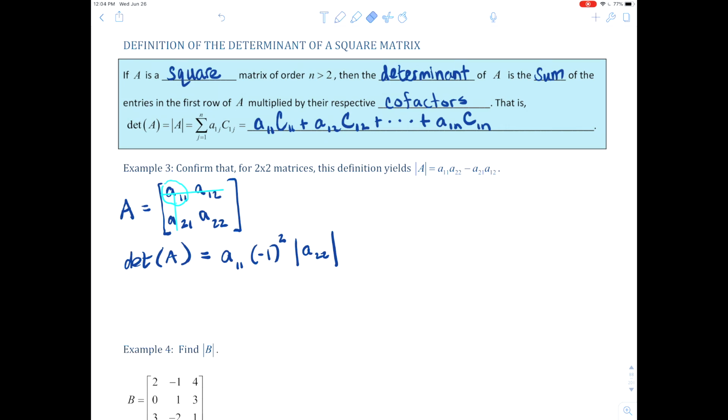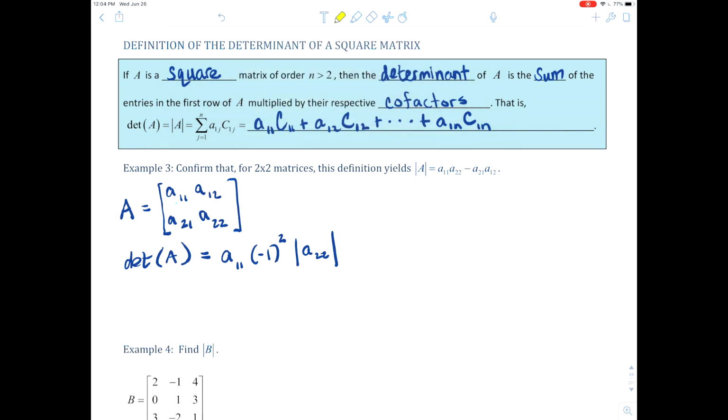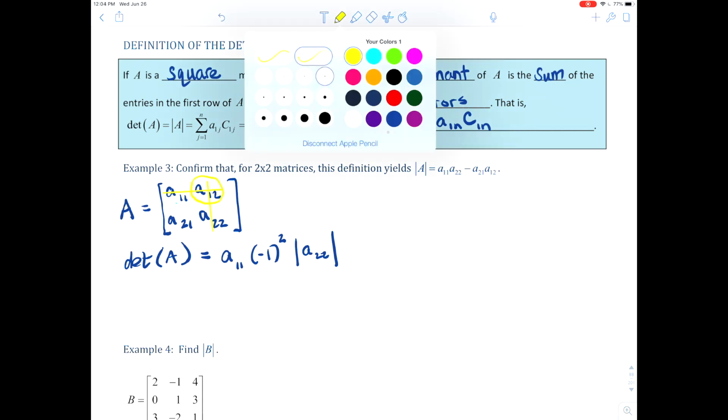Now, coming back, what's going to happen? You really don't want to actually cross these out. You just sort of do a mental crossing out, because what's next? You're going to be expanding about A12 now. So you'll cross out the first row and the second column to get your next cofactor.